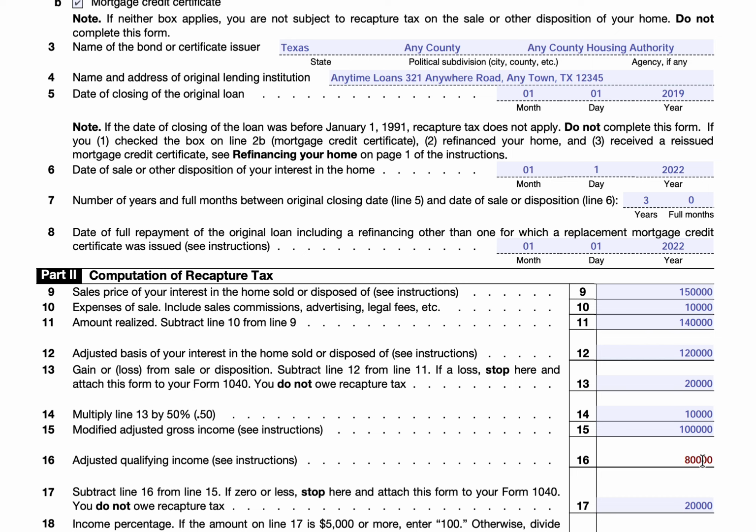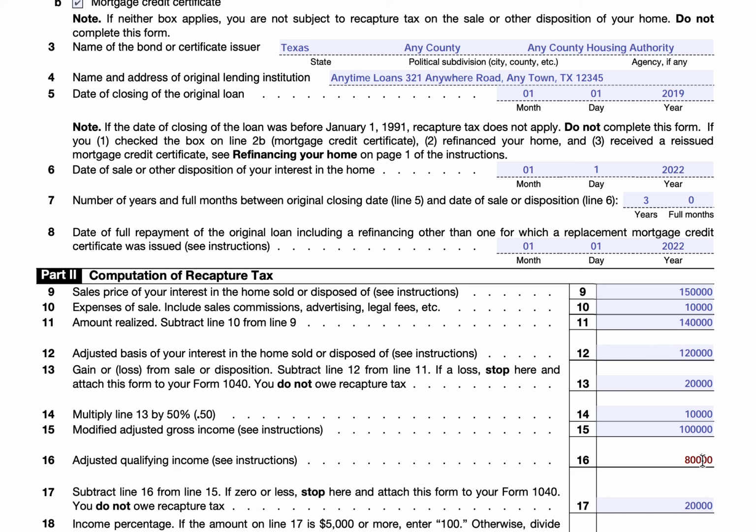So, adjusted qualifying income. This is the first part where you're going to have to obtain information from the written notification that your bond issuer or the lender gave you when you got your mortgage. There is a table in that notification that lists qualifying income figures, and your qualifying income is found in the column of the table that corresponds to your family size, the number of members in your family in the home when you sold it, cross-referenced with the number of full and partial years that you held your home.